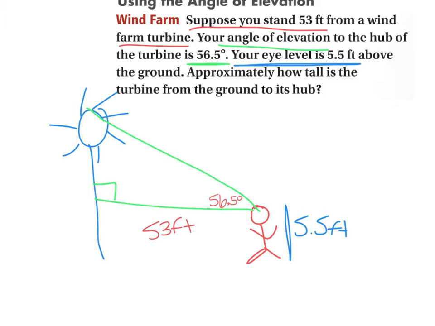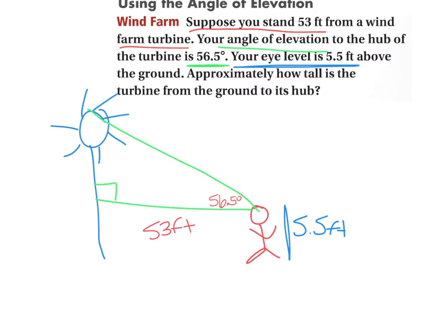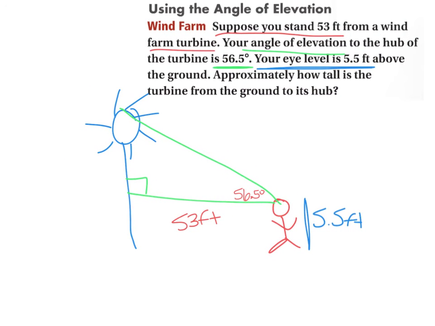I think we have all of our numbers labeled, but now we have to figure out what we're looking for. How tall is the turbine from the ground to its hub? We're looking for this right here, from here to here. We already know from here to here, that's about eye level, is 5.5 feet.